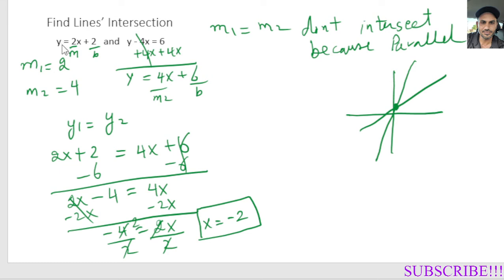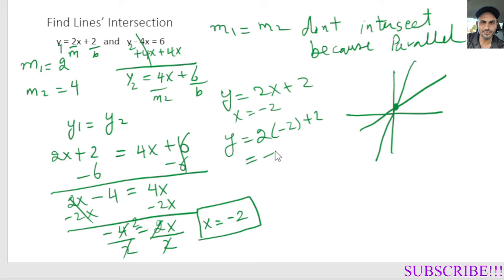We're going to plug it into 2x plus 2, so y equals 2x plus 2 for x equals negative 2, and we solve for y. 2 times negative 2 is negative 4, plus 2 equals negative 2.